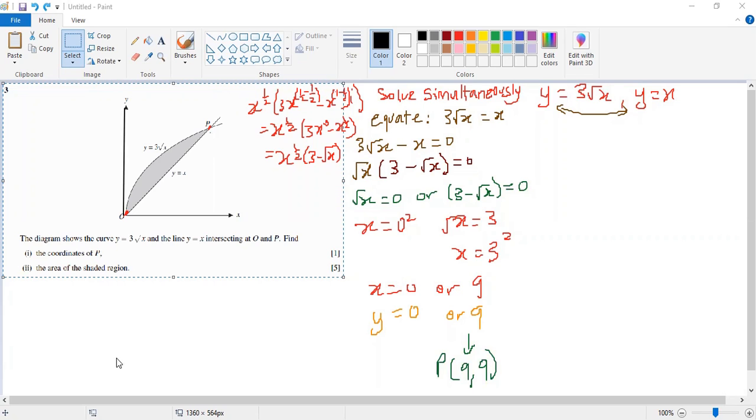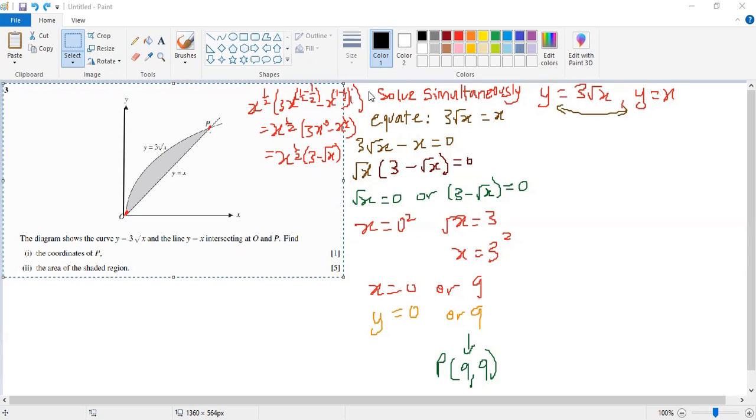Let's take a screen grab of this part, and then I'll clear it. Just remember that it is 9, 9 now.